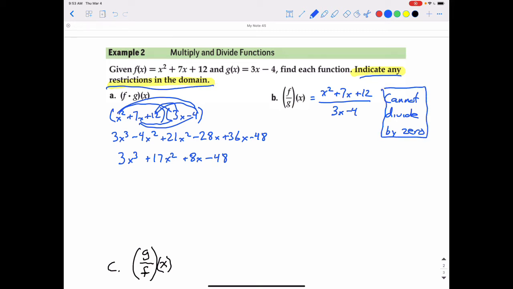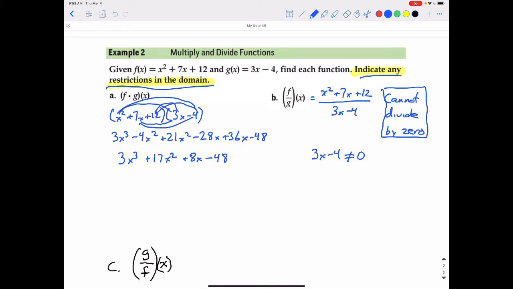So I have to take the denominator and the denominator only, and figure out what values of x would make that equal to 0. Any value of x that makes this equal to 0 is not possible, because that means the denominator would be 0, and we can't have a denominator of 0.